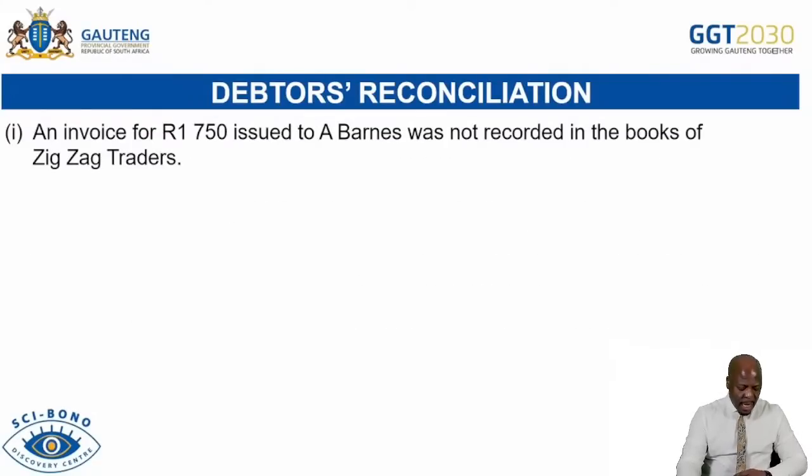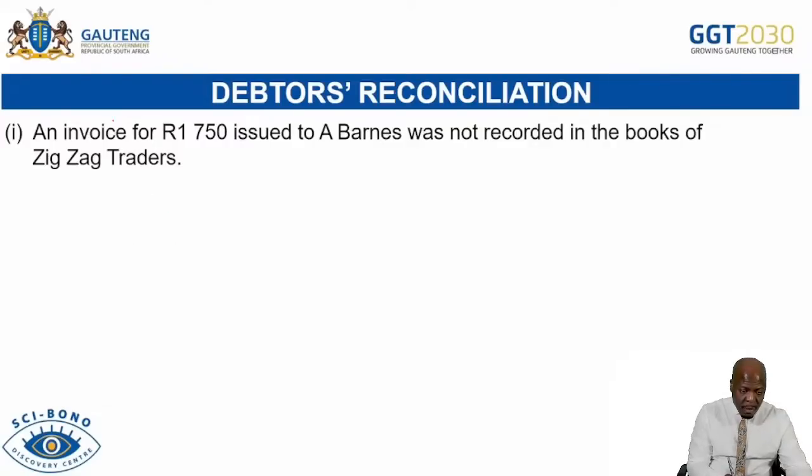We're told an invoice. Now, what is of great importance is that when you do such kind of a question, you need to understand that source documents have to be treated as they are. For example, here you are given an invoice. You have to know how to record your invoice. So let's come to that.